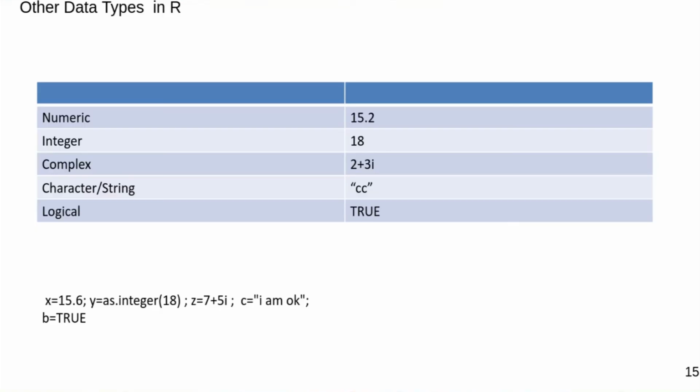Complex is a variable which has an iota associated with it, as we say 2 plus 3i, and integer is a variable which does not have any decimal value. 18.1 and 18.2 both are 18. This is the way to define them if you want to. I am not stressing too much on that.